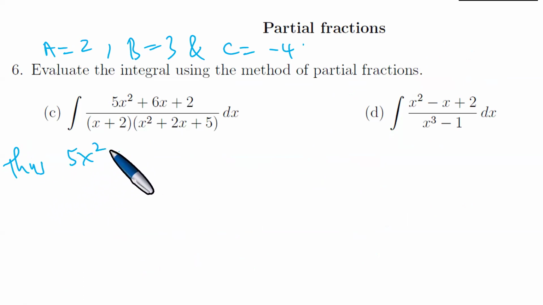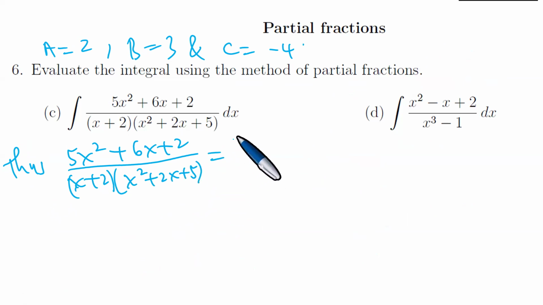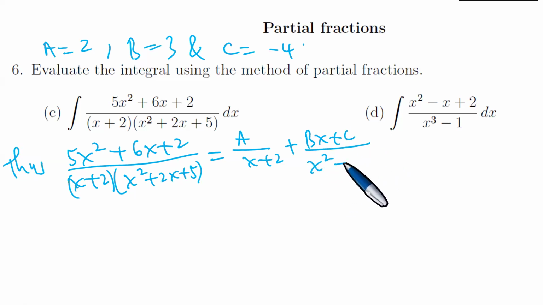Thus, we have (5x squared plus 6x plus 2) divided by (x plus 2)(x squared plus 2x plus 5), and this is A over x plus 2, plus (Bx plus C) over x squared plus 2x plus 5.